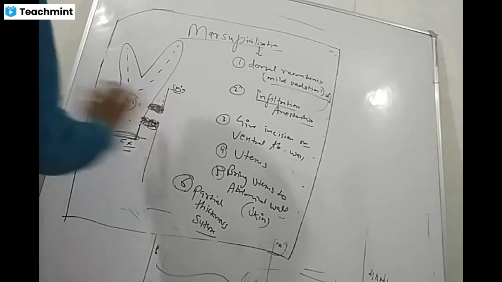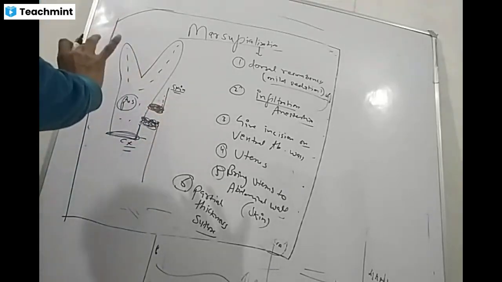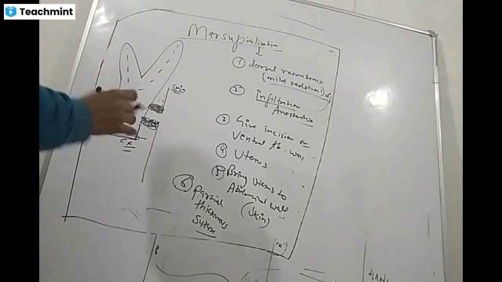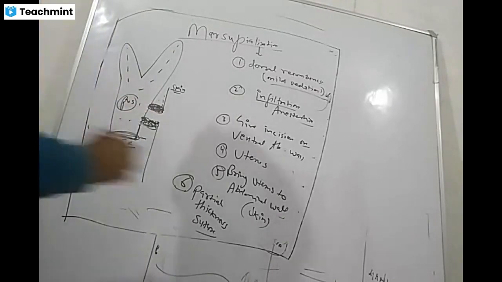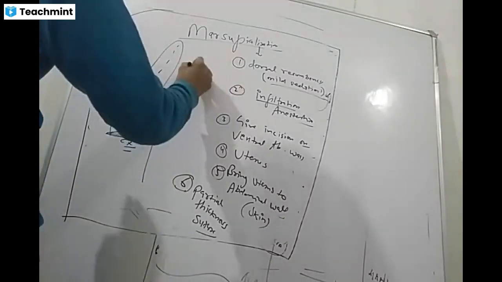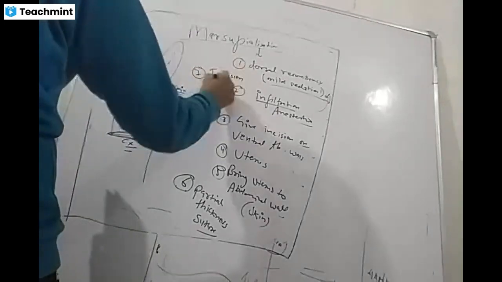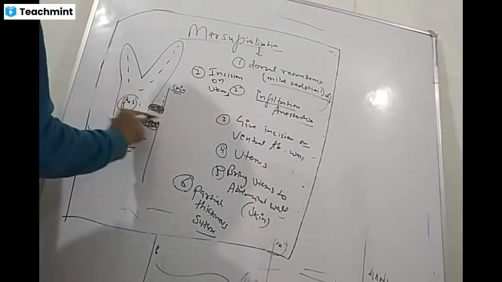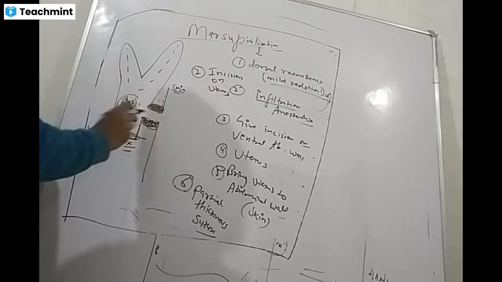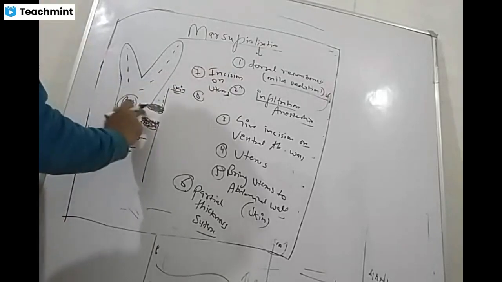So partial thickness suture, it is suture. Now this area is opened. The 7th step is to give an incision on the uterus. You have sutured this and now make an incision on the uterus.